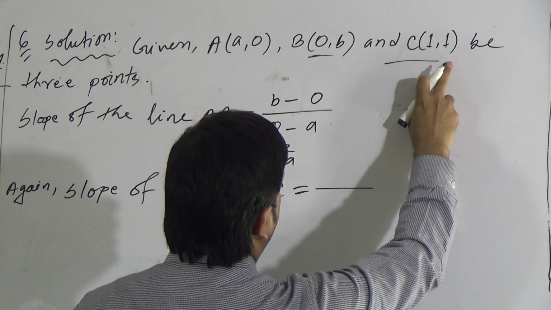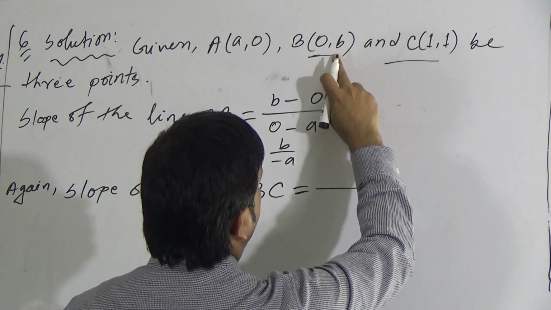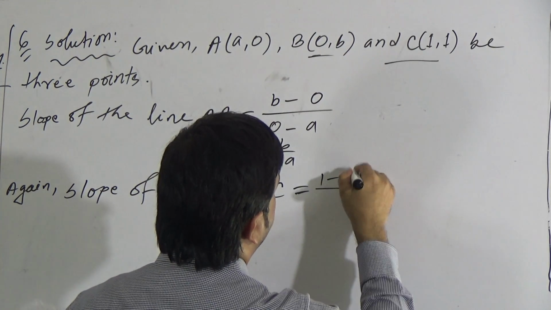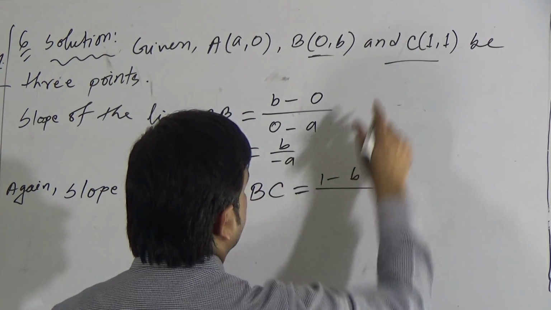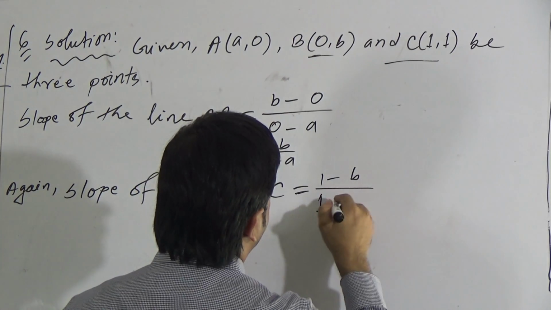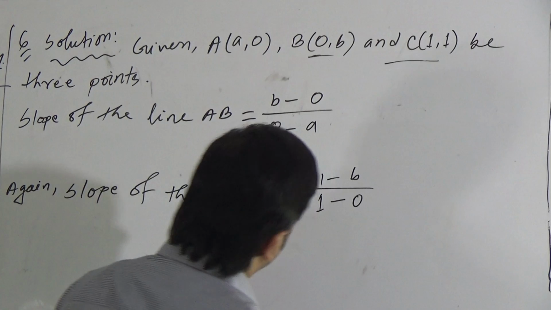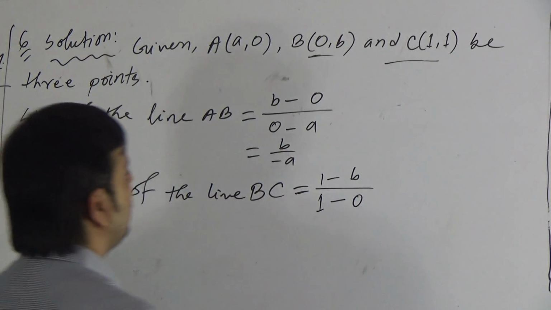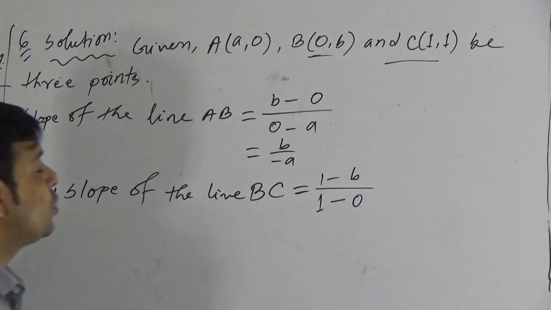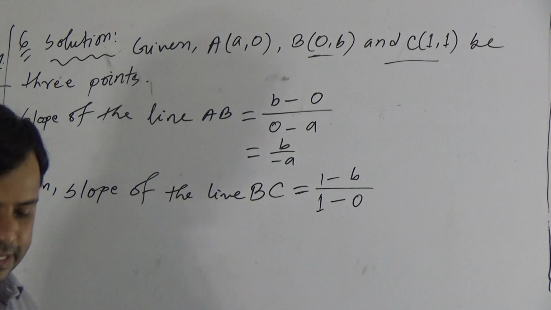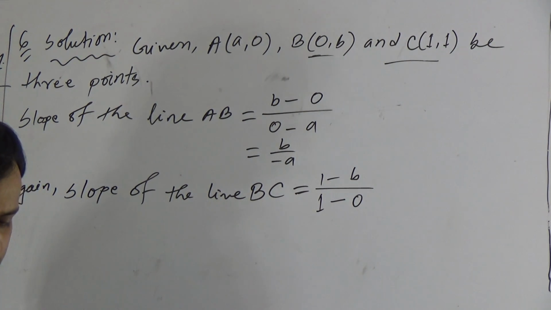Here y2 is 1, y1 is b, so we can write 1 minus b, and x2 is 1, x1 is 0, so that is 1 minus b by 1 minus 0. These are two slopes of two straight lines AB and BC.